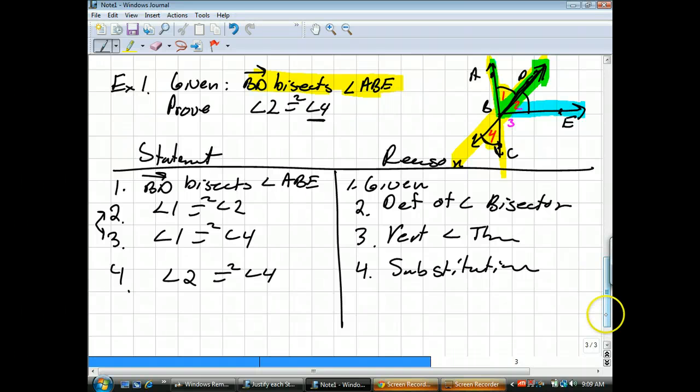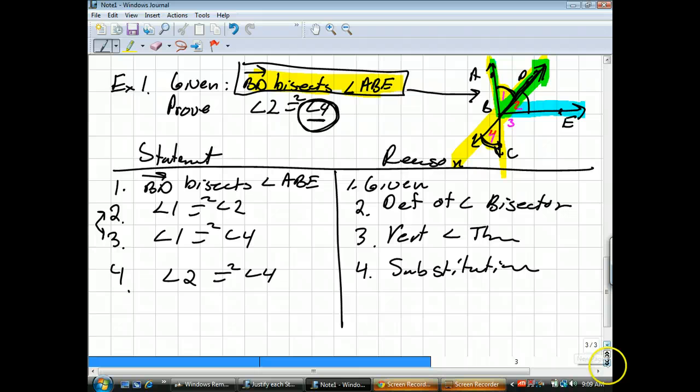And notice that it all started by the given, and from the given I was able to determine something about the picture. And then I noticed that I had to get this in here in the statement column somehow. So I used a theorem that said something true about the picture, that angle 1 was congruent to angle 4. And then I was able to use substitution.